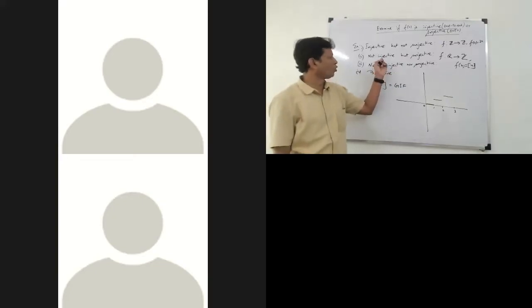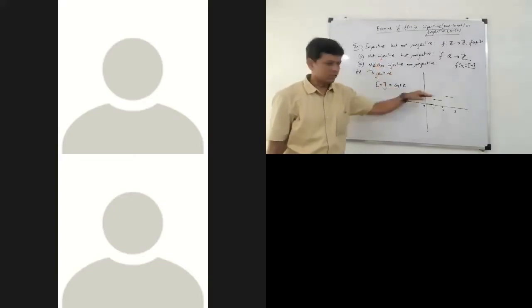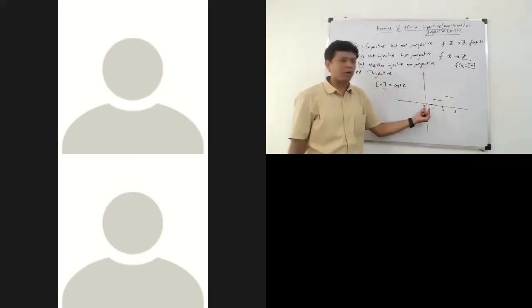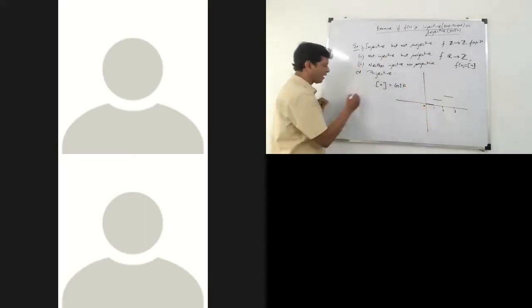So if you draw, there are so many points, but it will take only integral values. What is the image set?